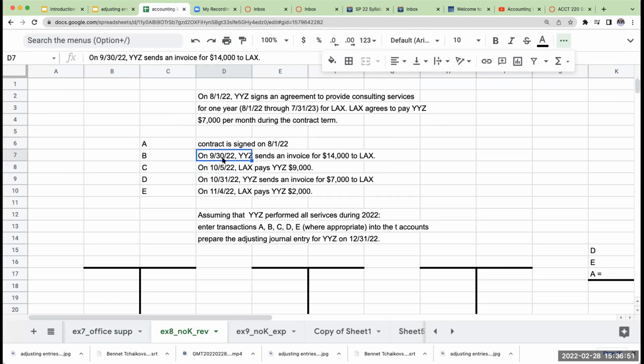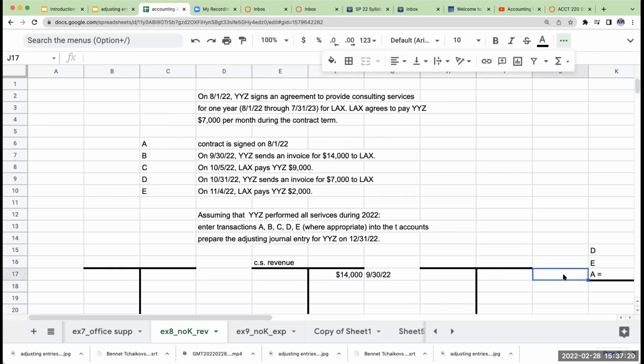Over here on September 30th, I send an invoice for $14,000 to LAX. Remember, I'm doing this for YYZ. I've done 2 months' worth of work. Where did this $14,000 come from? August, September, 2 months times 7,000. That's going to be 14,000. So I'm going to record consulting services revenue for 14,000 on 9/30/22.